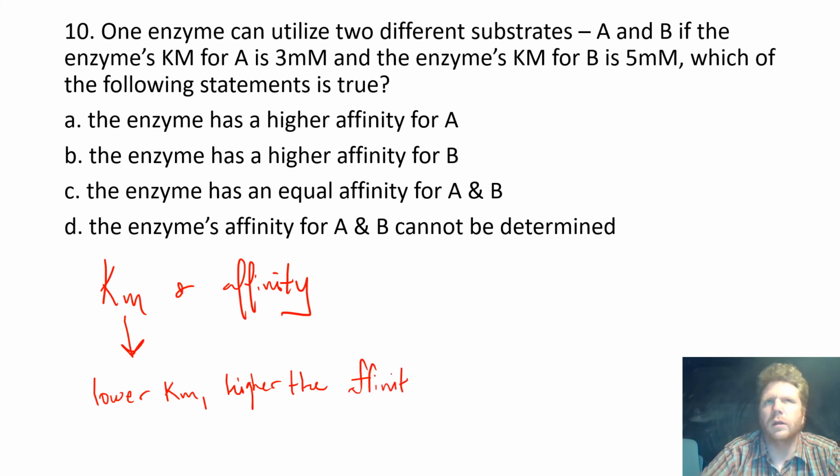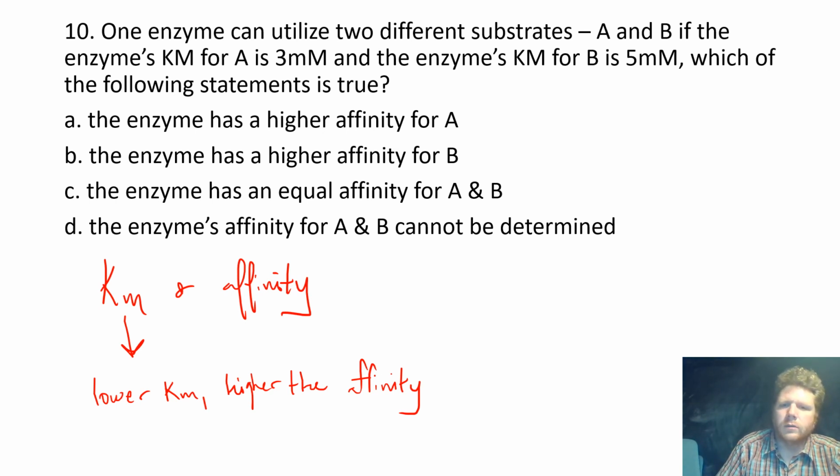So think about it as the enzyme wanting to get a specific substrate when there is a very, very small amount present. So it's going to grab that and hold on to it very easily. So we have two Km values. A is 3 millimolar and B is 5 millimolar. So the lower the Km, the higher the affinity.